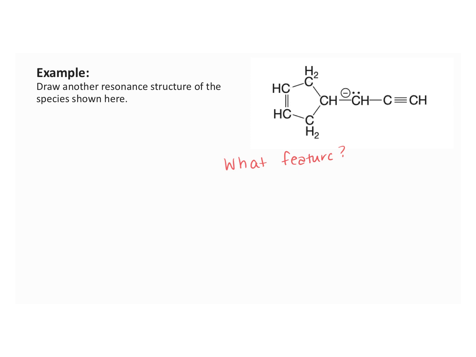We say, look, it's got a lone pair next to a multiple bond, a double or triple bond, okay? So what we're going to see happen is these electrons are going to move towards the multiple bond.